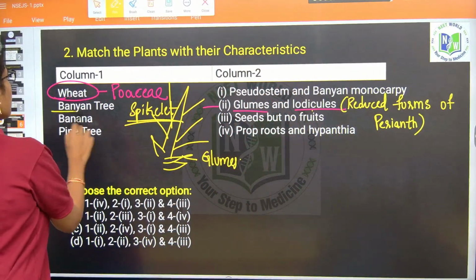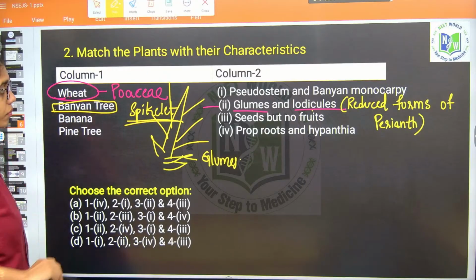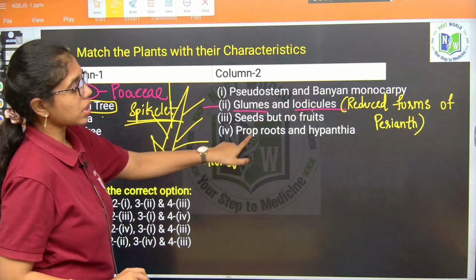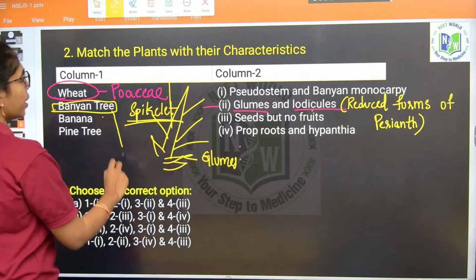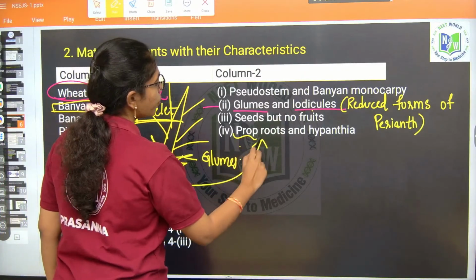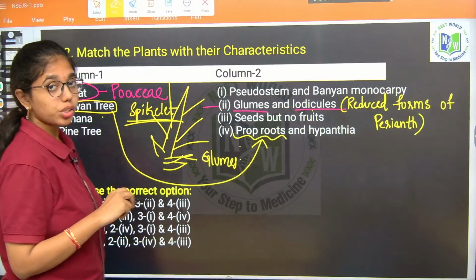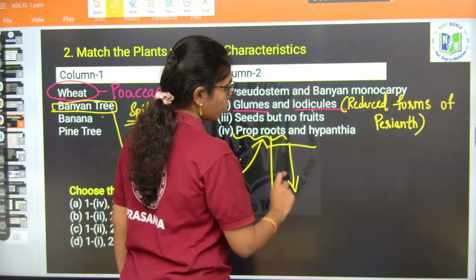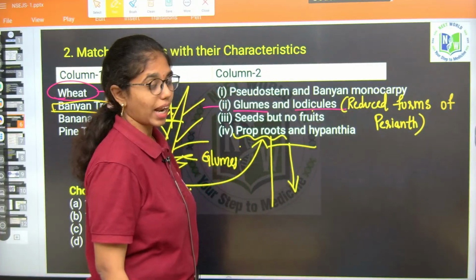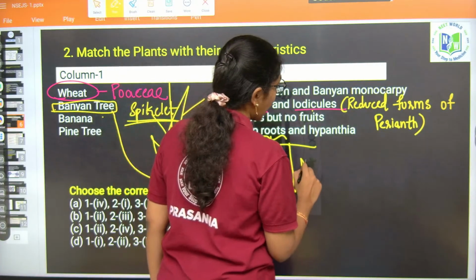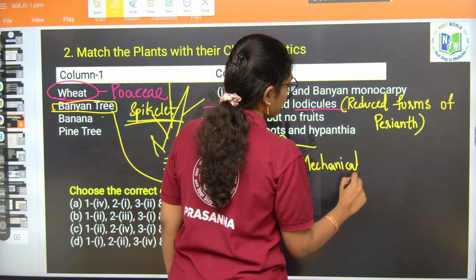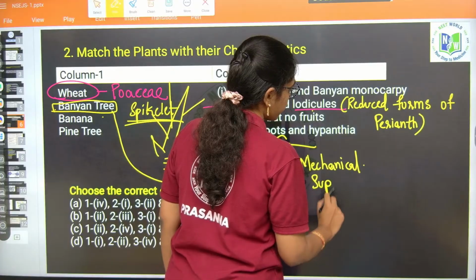Next is banyan tree. Banyan tree will be having prop roots and hypanthodia. Banyan tree has prop roots, which are adventitious roots that arise positively geotropic from the lateral branches, which give mechanical support to the plant. Mechanical support.